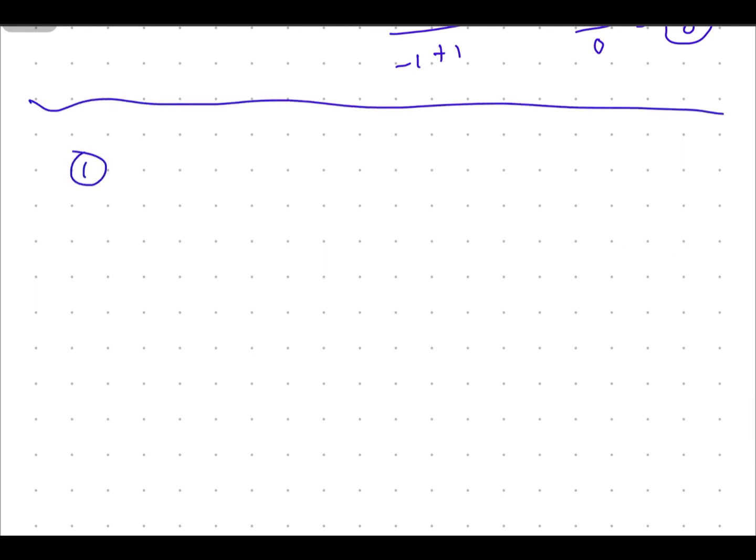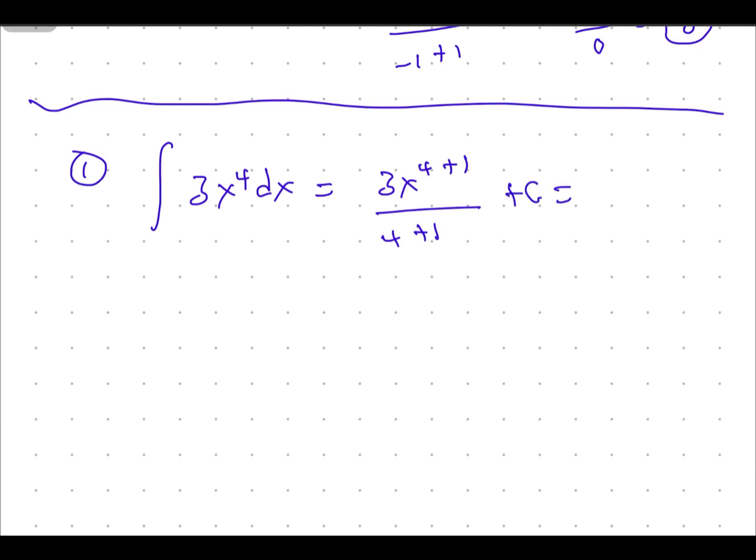Taking example 1, the integral of 3x power 4 dx is equal to 3x power 4 plus 1 over 4 plus 1 plus c, and the final result is going to be 3 over 5 x power 5 plus c.